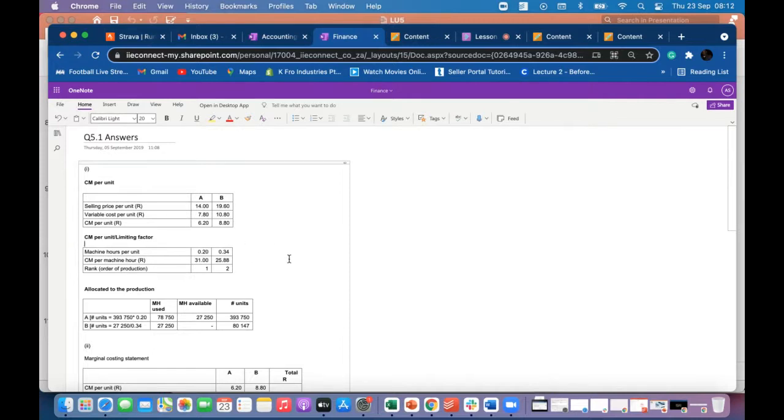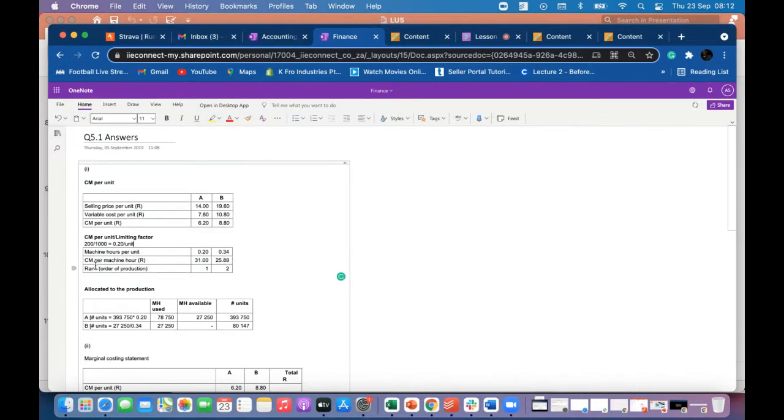So we're saying 200 divided by 1,000 units to get per unit. That obviously gives us the 0.20 per unit. That's where that's coming from. And then we do the same thing for B, to get this 0.34.